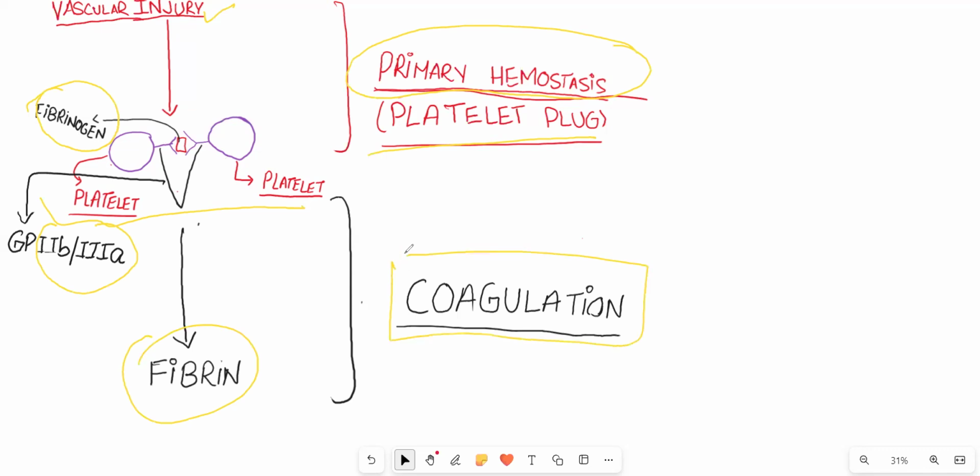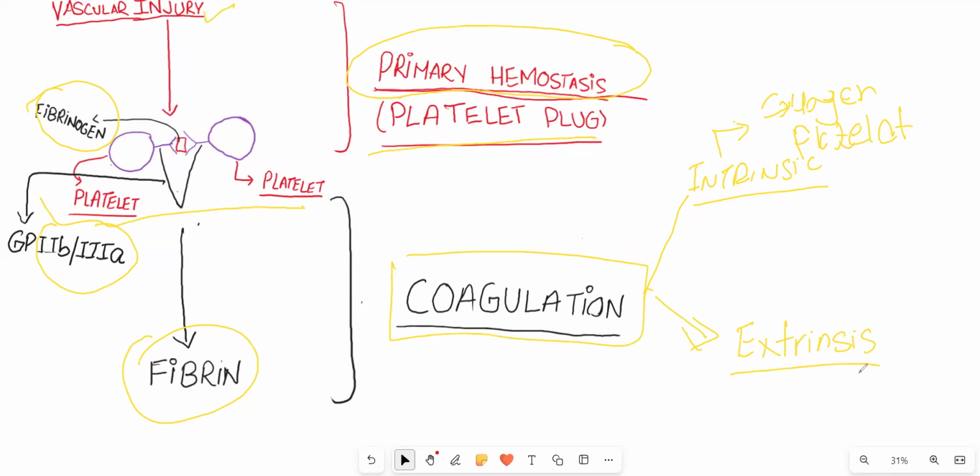Coagulation can take place through two pathways. The intrinsic pathway, because all the factors that activate this pathway are present within the vessels, like collagen, platelets, while in the extrinsic pathway, the activator is not present within the blood vessel.